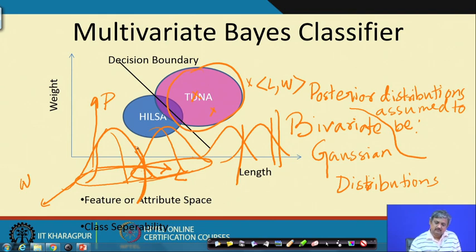If we just look at the values where these two bells intersect, I will get a curve. So, this curve is actually my decision boundary.